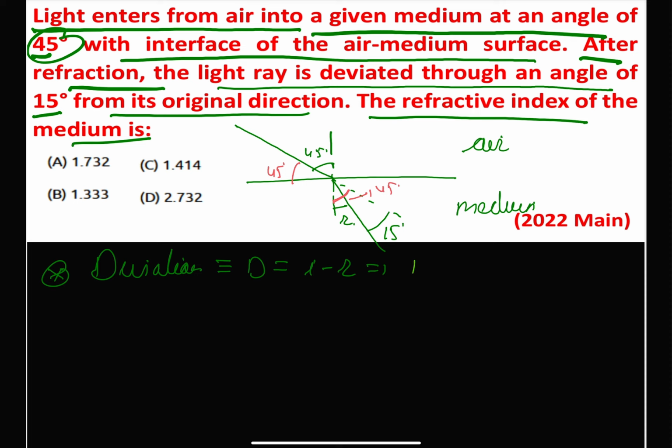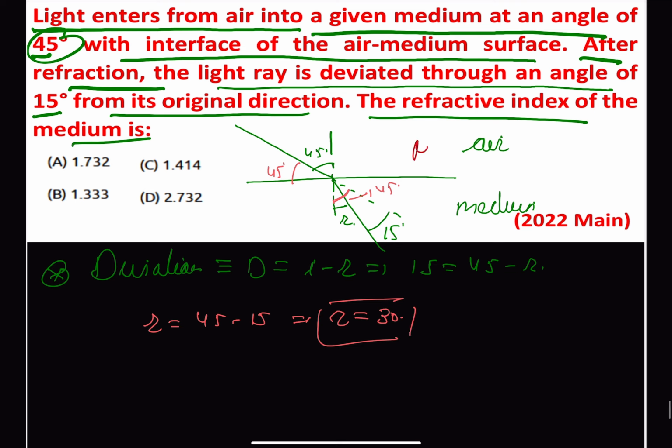So we get 15 is equal to 45 minus r. So r is equal to 45 minus 15, giving r equal to 30.